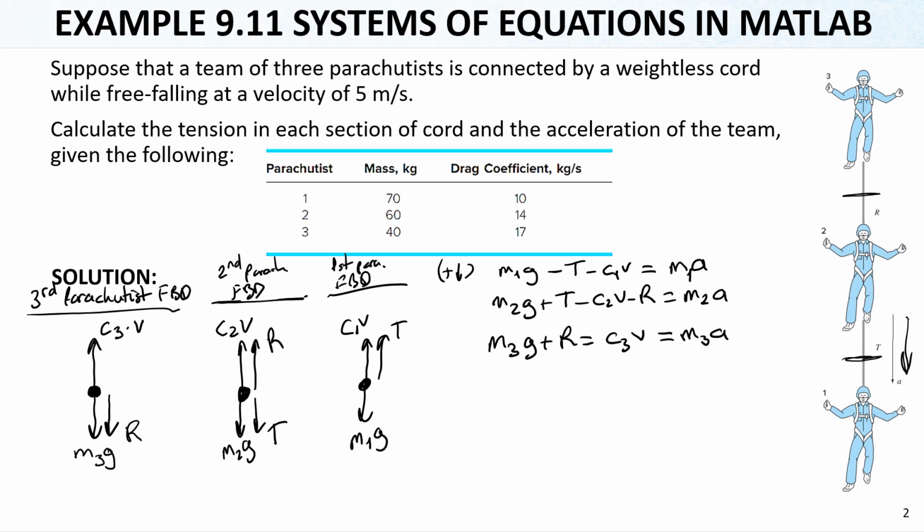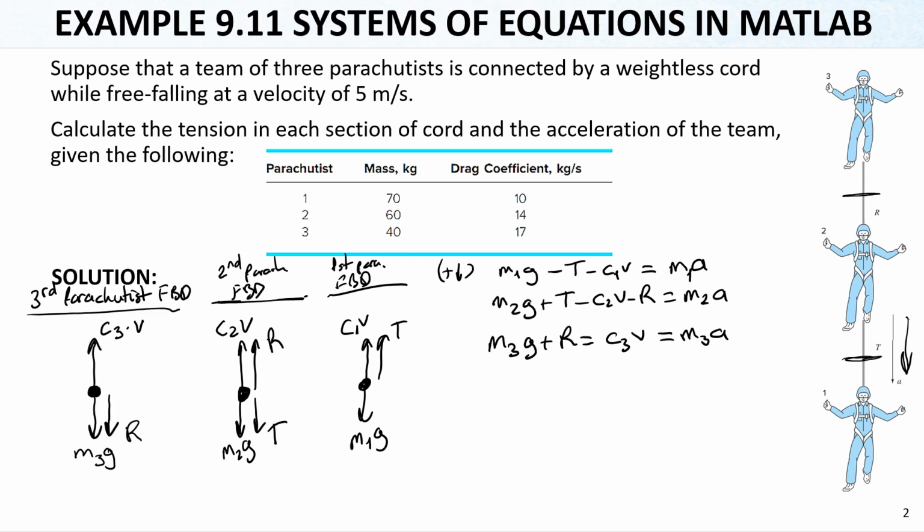And if we write down all the masses from here, the drag coefficients from here, again masses, the unknowns are T, R, and A. So if we combine these, of course G is 9.81, we will write that too.